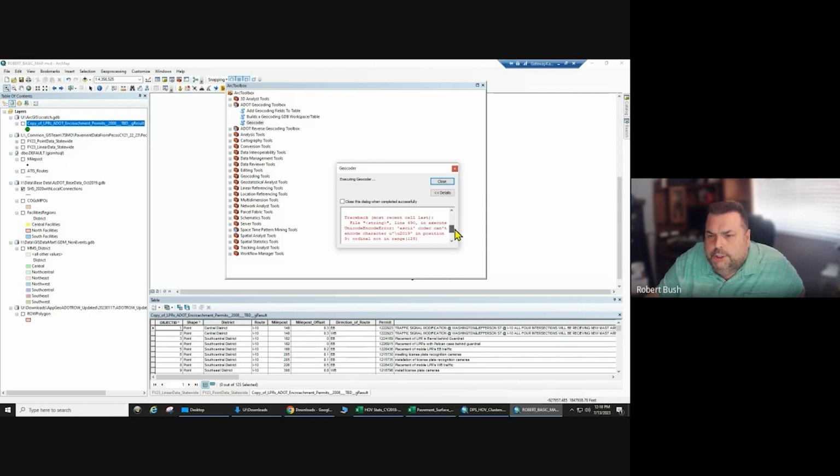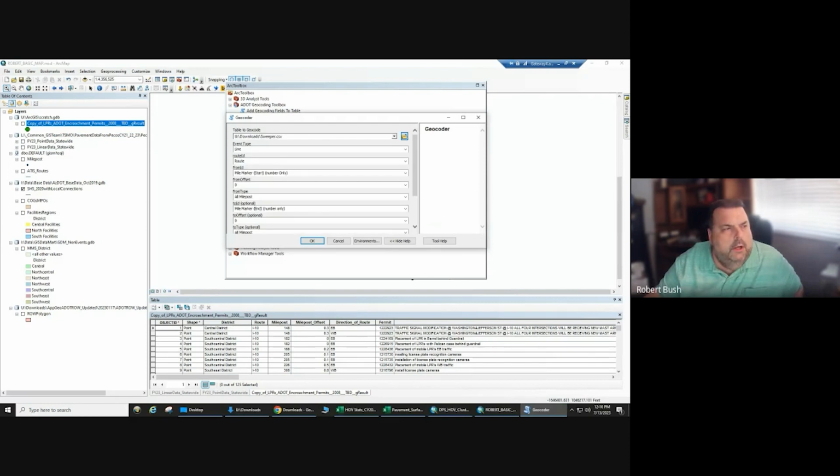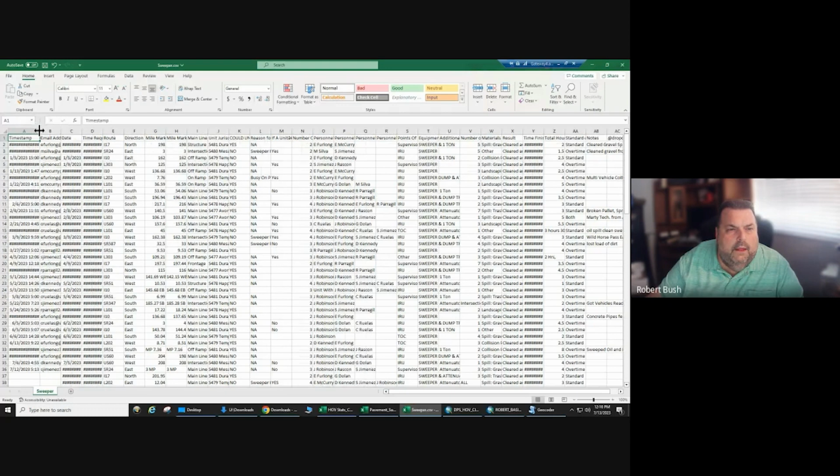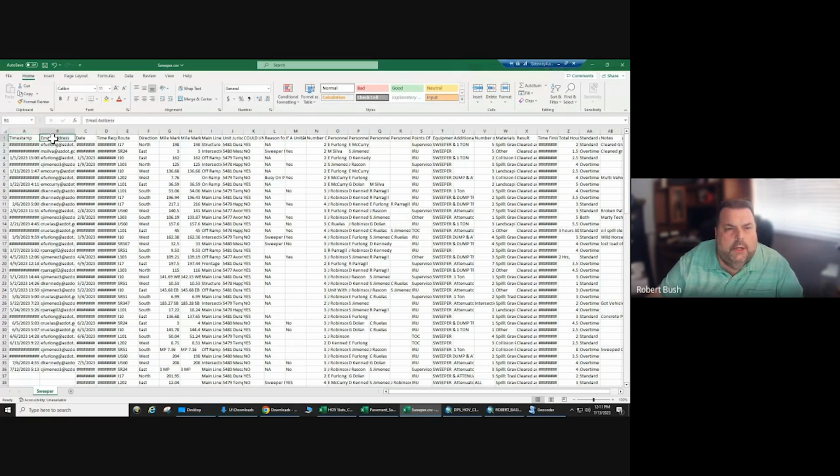Tracking line execute. I'm trying to see why it might have failed. Let's open. Oh, I know what it might be. Let me open it up here. I forgot, and it's going to take just a quick moment here. It doesn't like spaces between two words.